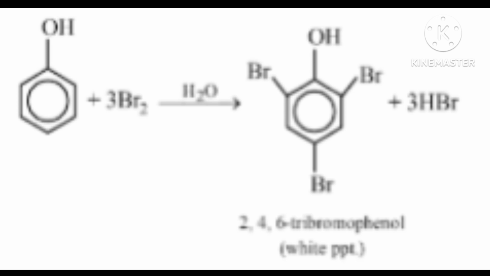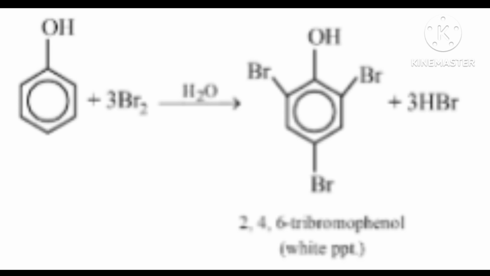On treating phenol with bromine, different reaction products are formed under different experimental conditions. First I am talking about when the reaction is carried out in solvents of low polarities such as chloroform or carbon disulfide, and at low temperature, then it will form mono-bromophenols.